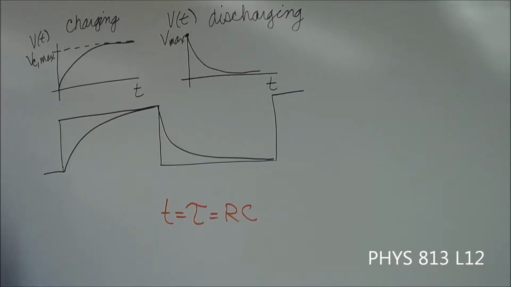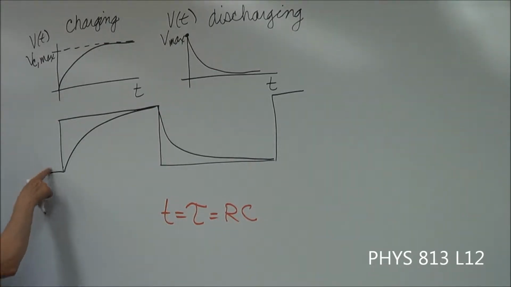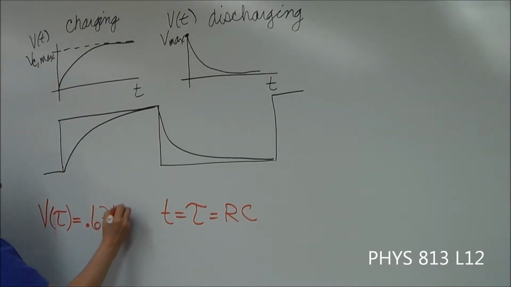If you evaluate that equation, you will find 2 things. And it doesn't matter what values you have, if you're at 1 time constant, then the voltage, and I'm going to put a subscript tau, write it this way. This is the proper way to write it for a function. So the voltage at one time constant is going to be 0.63 times the maximum.